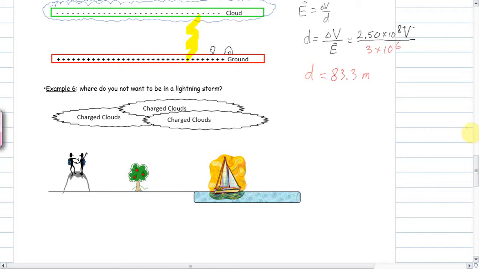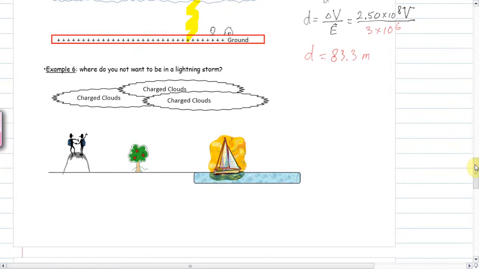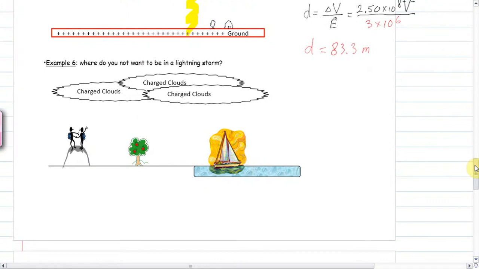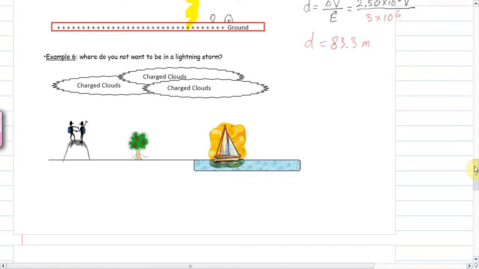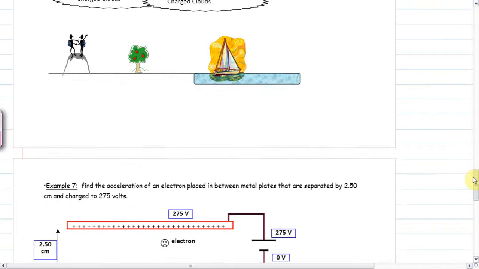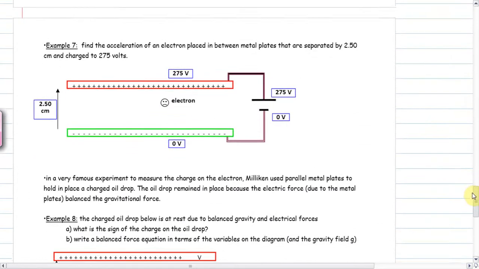But of course, what are you going to do? You're in a boat and a storm happens. You're not going to go jump into the ocean, right? That's a good time to put on your rubber overalls. But is it safe for you to jump into the ocean? If you stay away from the boat, yeah.